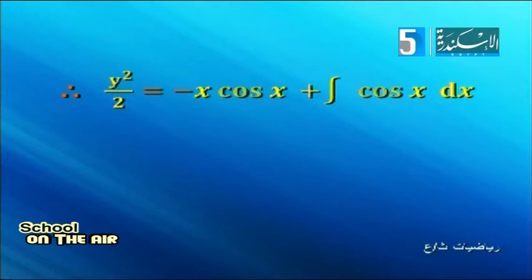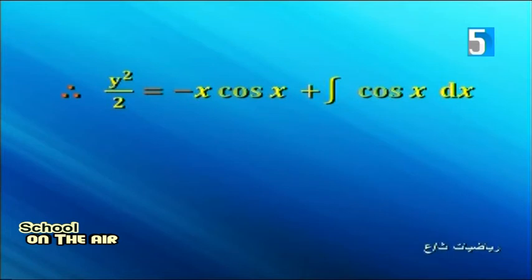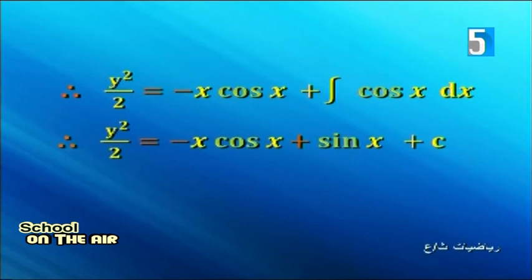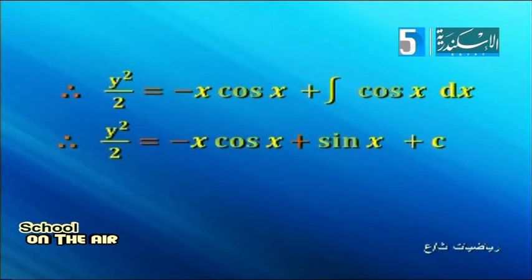Then the integration equals negative x cosine x plus integration cosine x dx. So y power 2 over 2 equals negative x cosine x plus sine x plus the constant c. Now, what is the value of the constant c?